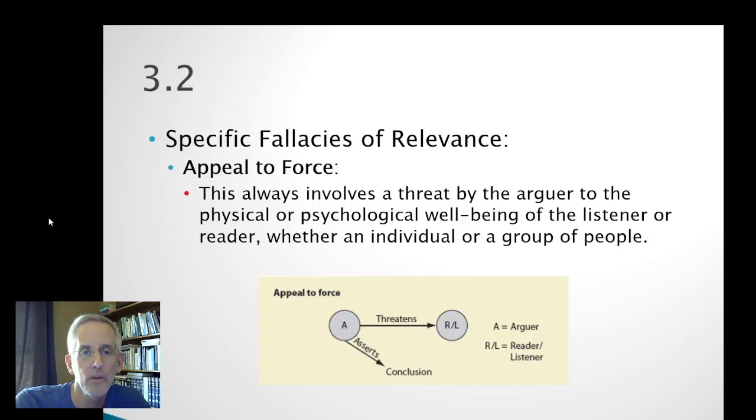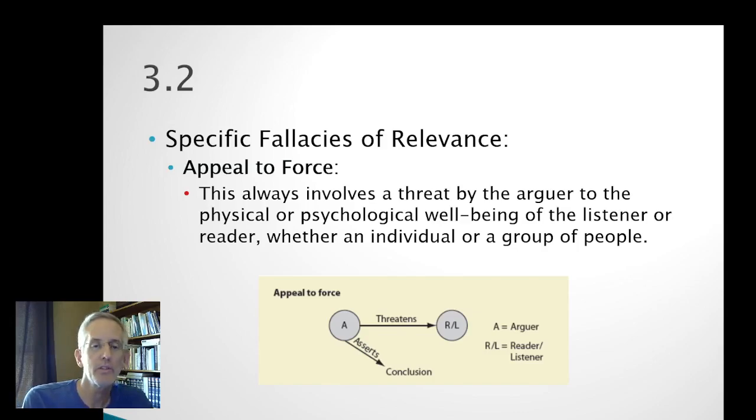Okay, so our first fallacy of relevance is called appeal to force. That's the name of the fallacy, appeal to force. And it always involves a threat by the arguer to the physical or psychological well-being of the listener or reader, whether an individual or a group of people. So this one's pretty simple to detect, and you've come across this fallacy many times in everyday life.